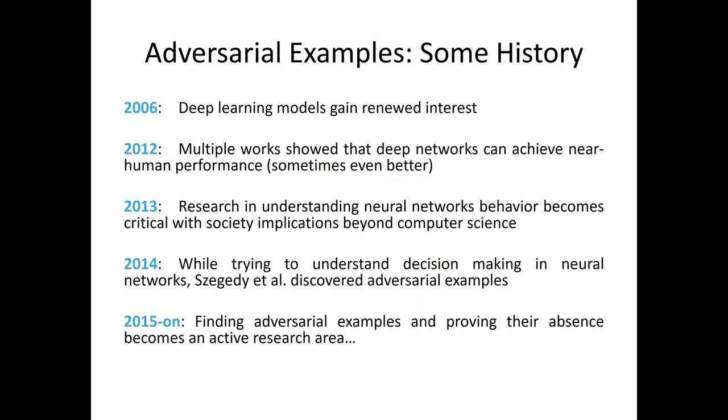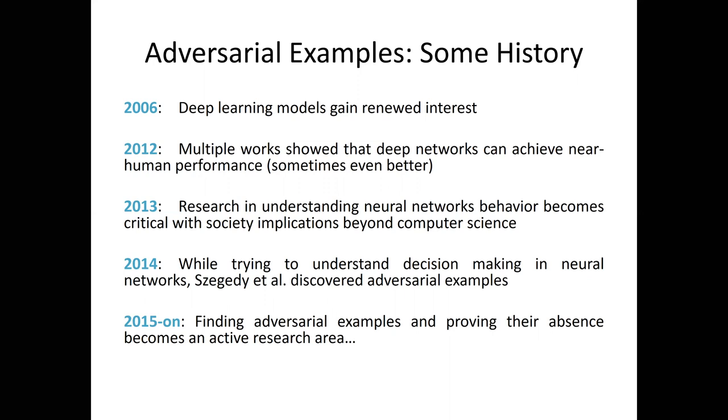Okay, so just to give you a little bit of a history of how adversarial examples came about. Somewhere around 2006, nearly 15 years ago, deep learning models gained renewed interest.